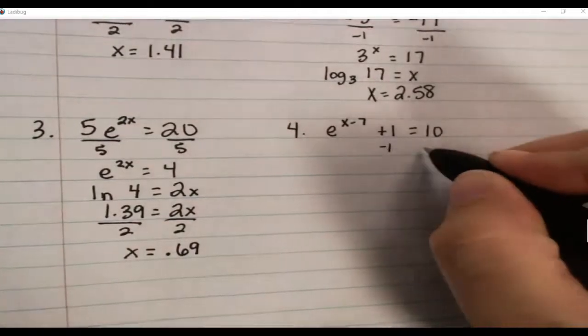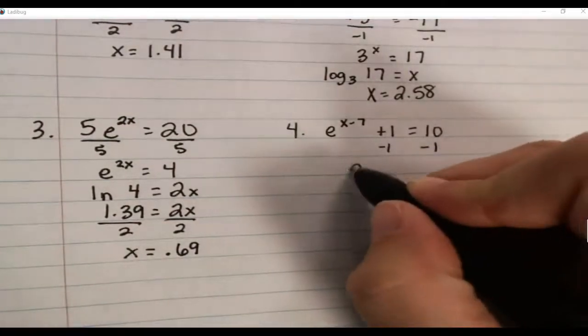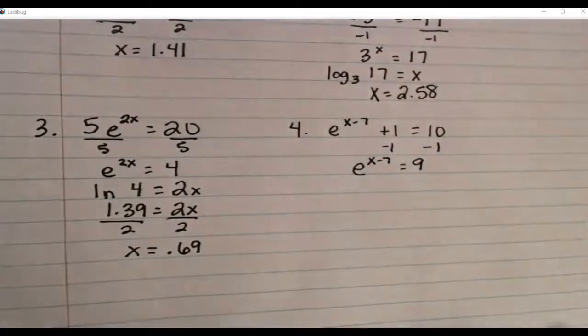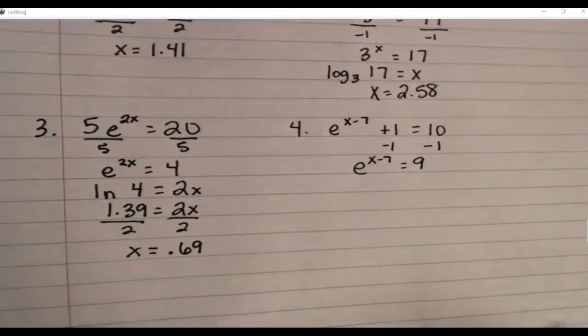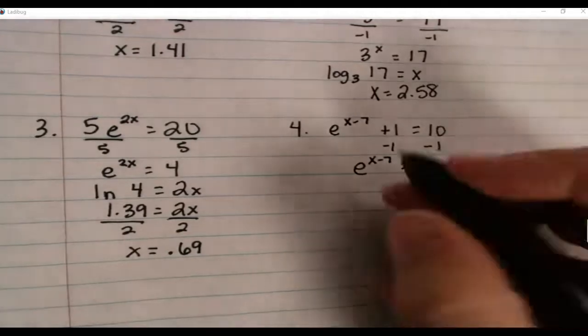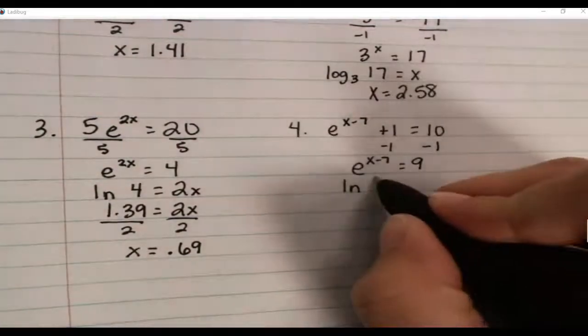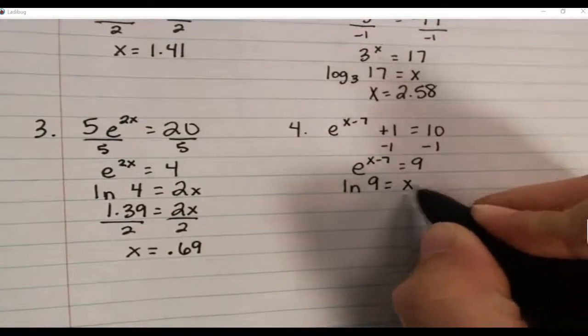Subtract 1. So e to the x minus 7 equals 9. And then what would this be in log form? Ln of 9, good, equals x minus 7.